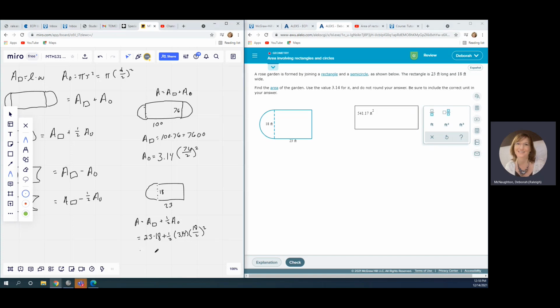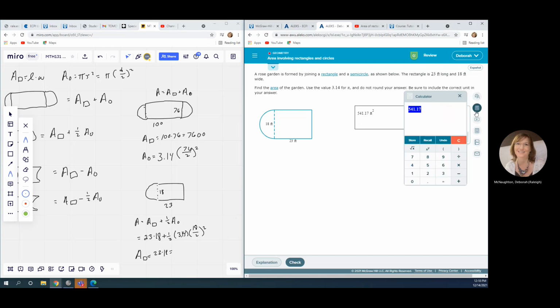Okay, so you could also do this in 2 parts. So you could do your area of your rectangle, 23 times 18, which is 414.